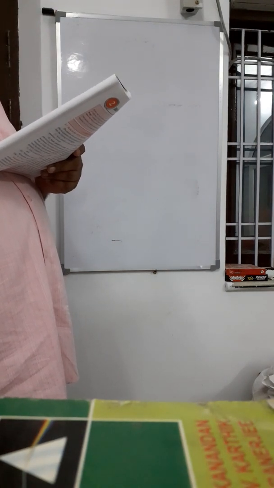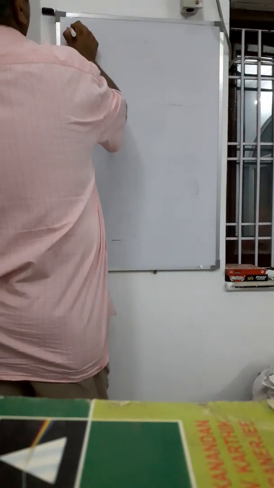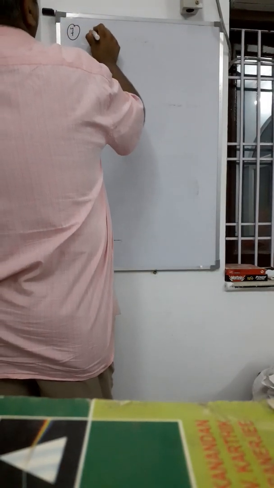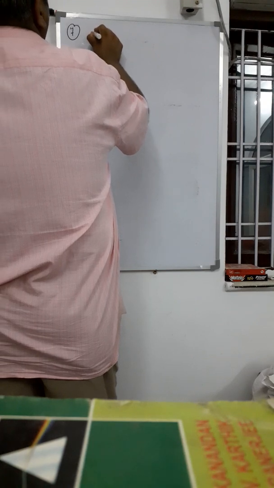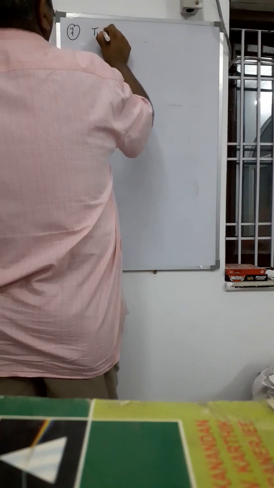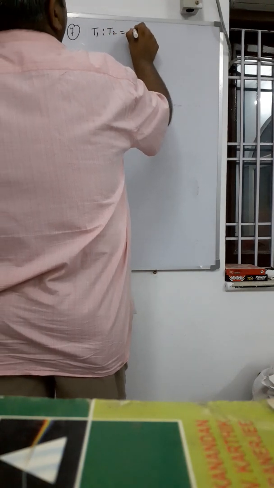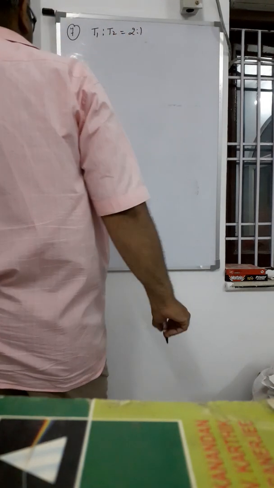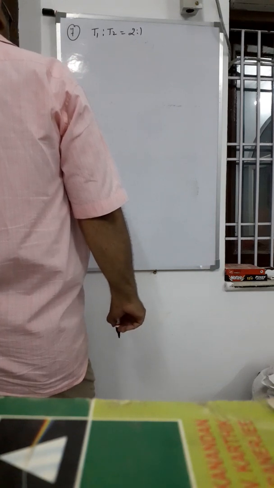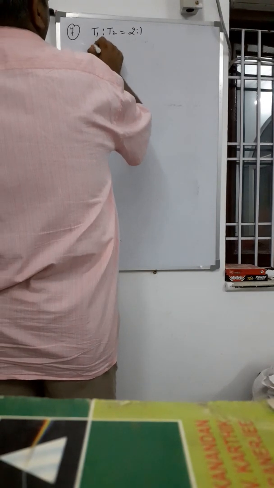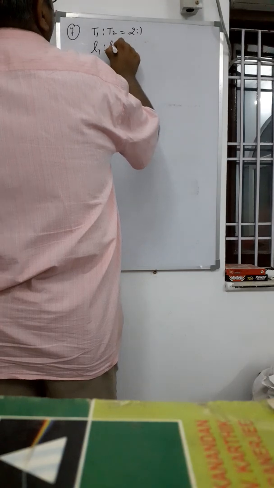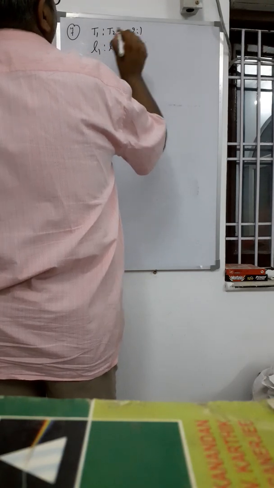See what they have given. T1 ratio T2 they have given 2:1. This is given. What is the ratio of their lengths? L1 ratio L2 we have to calculate.